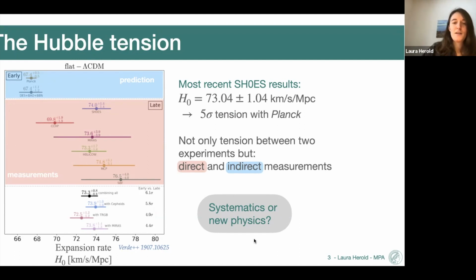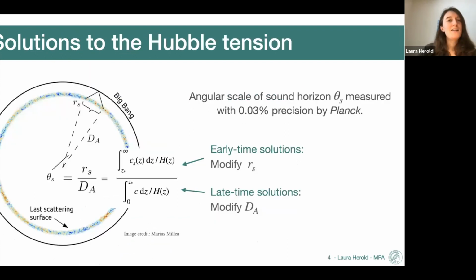In this talk, we simply forget about the systematics and ask, what if this tension is caused by new physics? There are many, many ideas how one could solve the Hubble tension, but one can group them into classes. In order to understand these two classes, it is instructive to look at this quantity, theta s, the angular size of the sound horizon, which is very precisely measured by Planck.